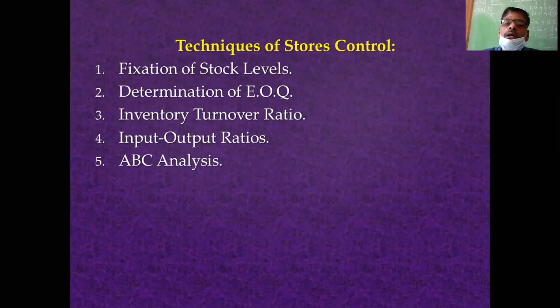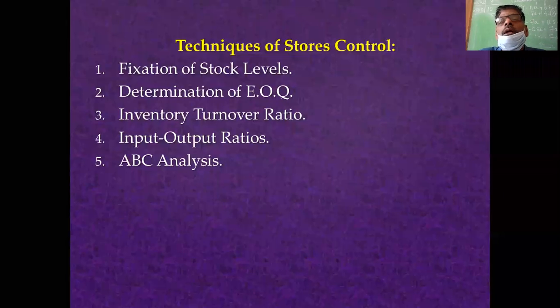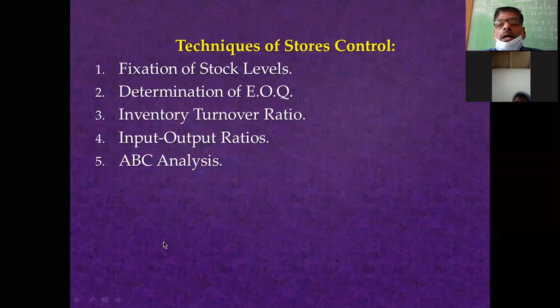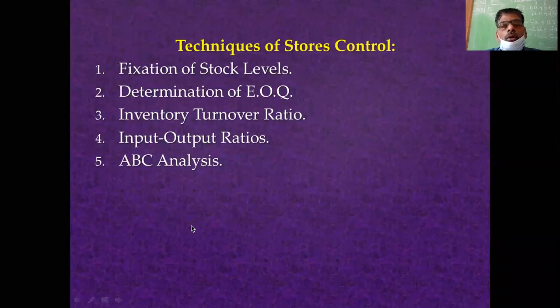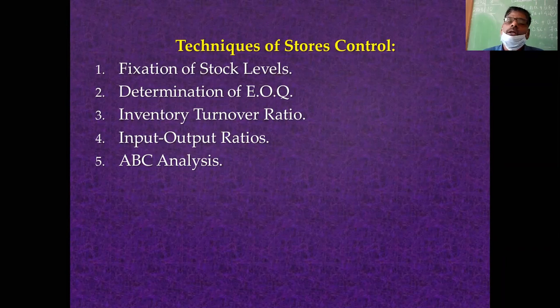A category is high cost and requires a high level of control. B category is medium level and requires a medium level of control. C category is low level, cost is less, control required is also less. Already explained in the previous class.